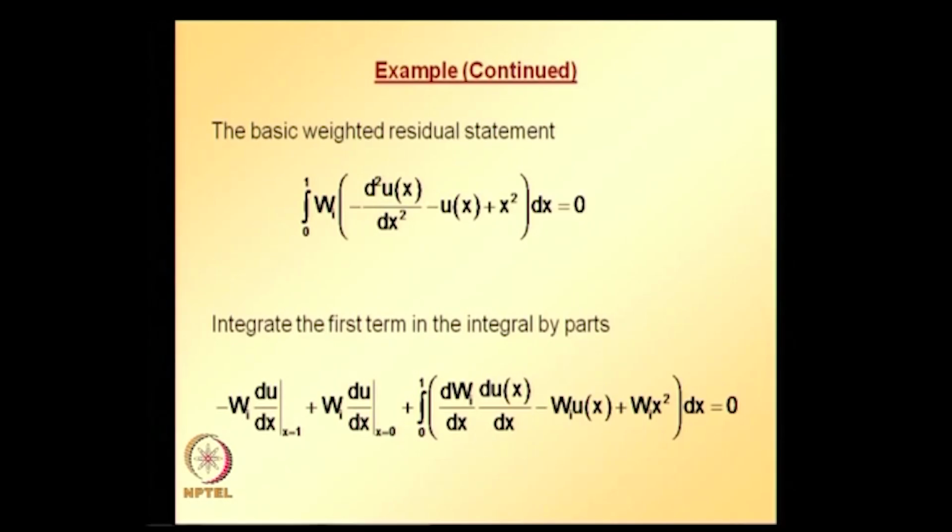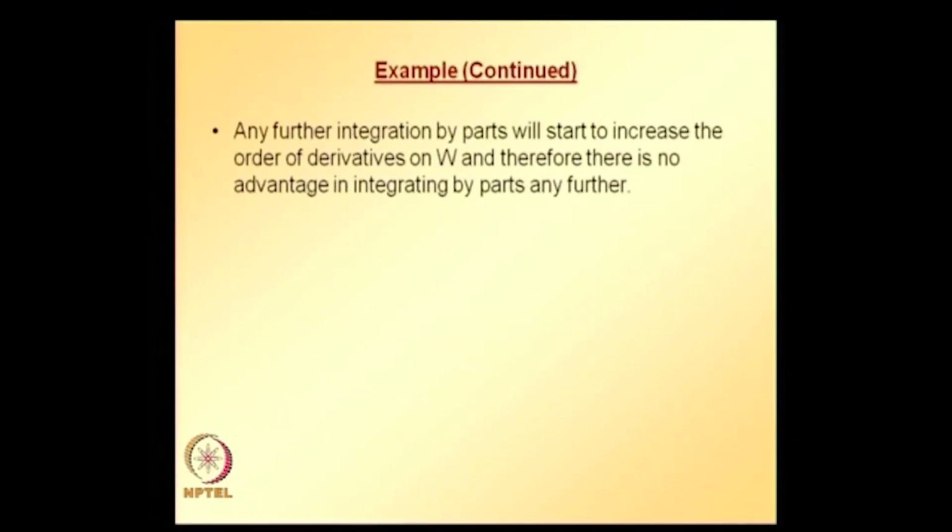You apply integration by parts on that term and it gets simplified to what is shown there. And you may think that why do we not use one more time integration by parts, but it is not going to help us anyway.